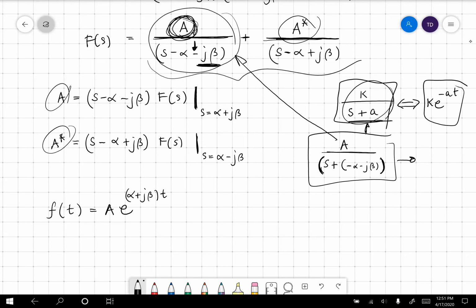Now it's plus B, and B is root 2 over 2 at an angle of minus 45 degrees. And that's divided by S plus 1 minus J. So then I'll have root 2 over 2 at an angle of positive 45 degrees.